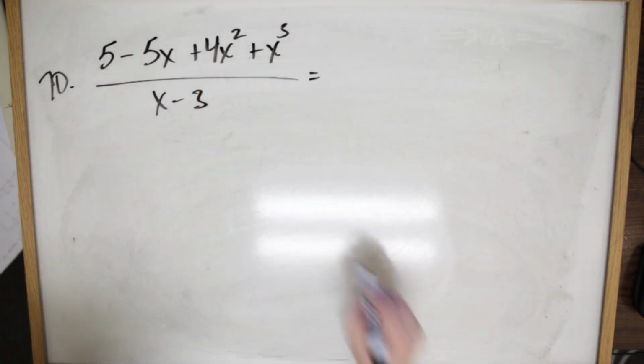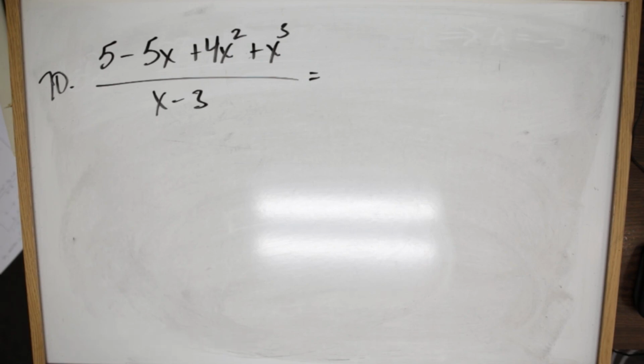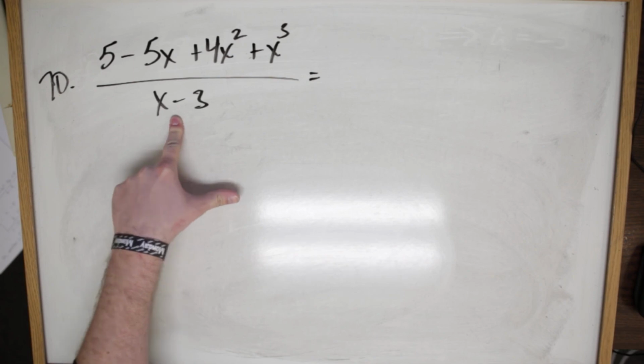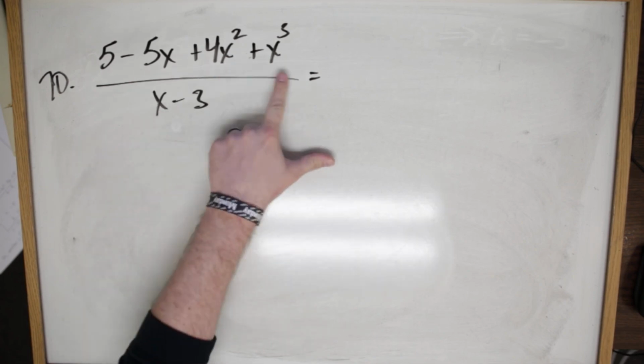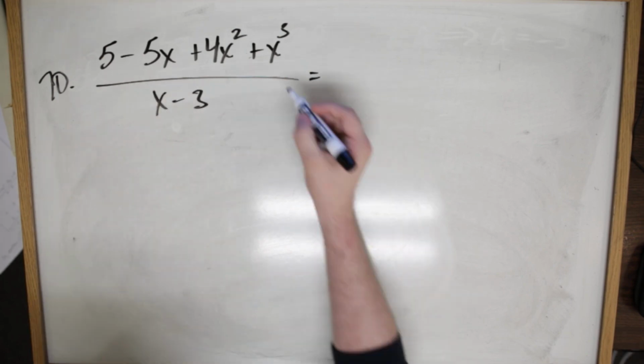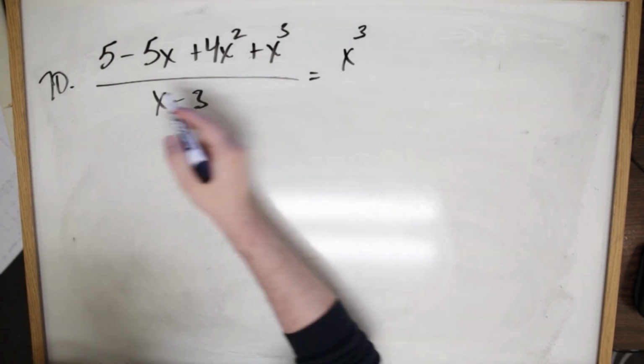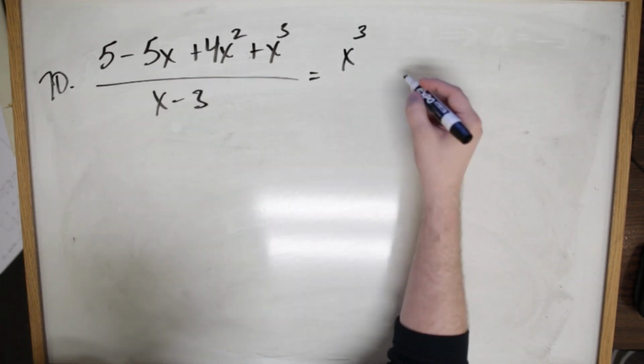Now, the one thing you probably have realized by this point is that math is incredibly specific. Okay? You have to be very specific when you work on problems. Here, you need to make sure when you do synthetic division that you are putting it in the correct order. In other words, you start with the exponent that's the highest, and you work your way down towards the constant.